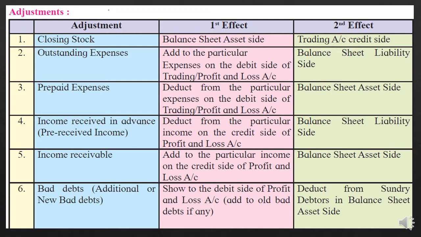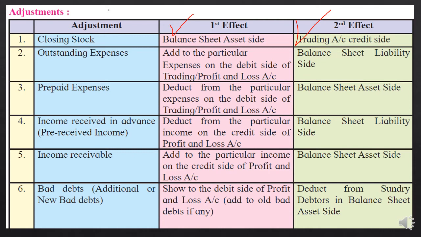But the adjustment which is given below the trial balance, all adjustments will have two effects. So students, remember, trial balance items will be posted one time only, but the adjustment will have two effects.